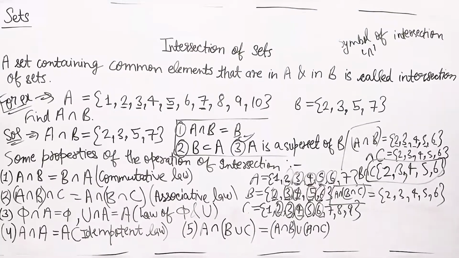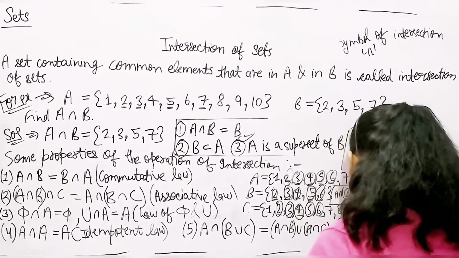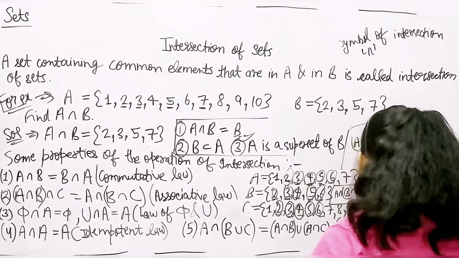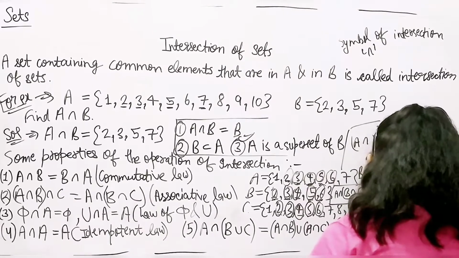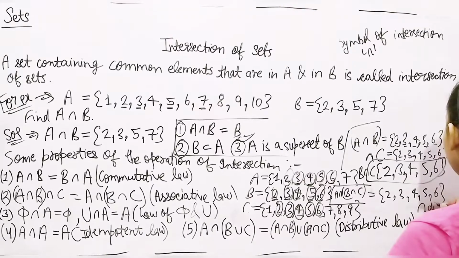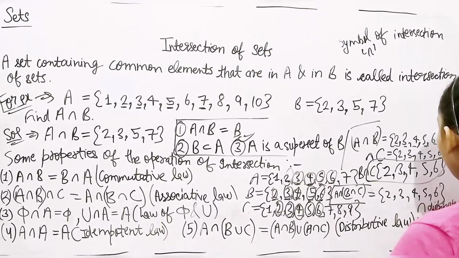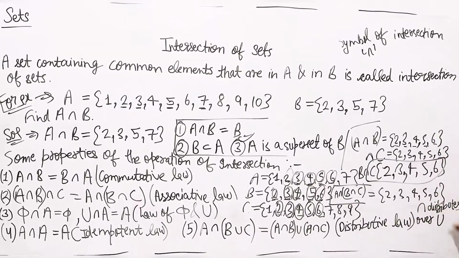Let me write it also: distributive law. Intersection distributes over union. Okay, union. It's not set U, it's union.